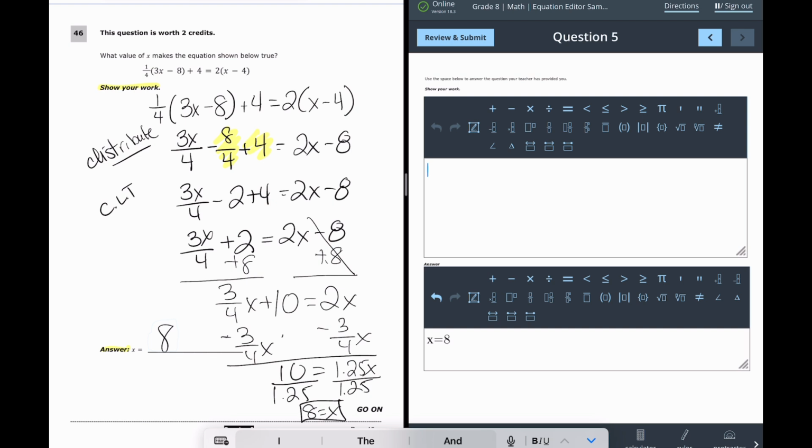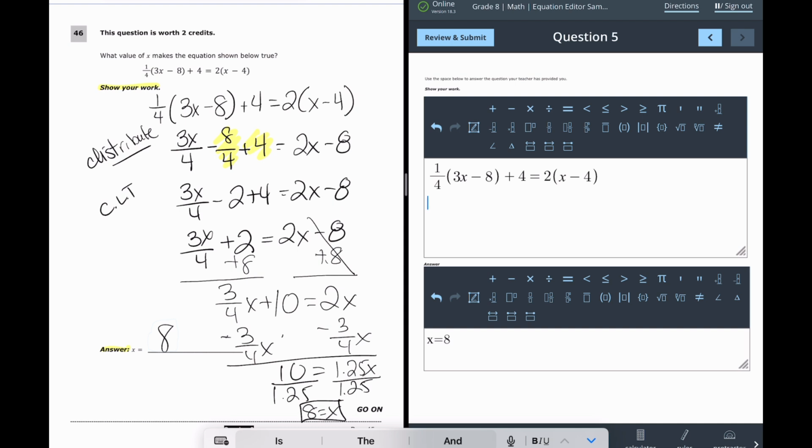All right, so we're going to just start off, and I'm just going to start putting it in. 1/4 times 3x minus 8 plus 4 is equal to 2x minus 4. Okay? We did the first one. And now we're just going to go to the next line, and I distributed.